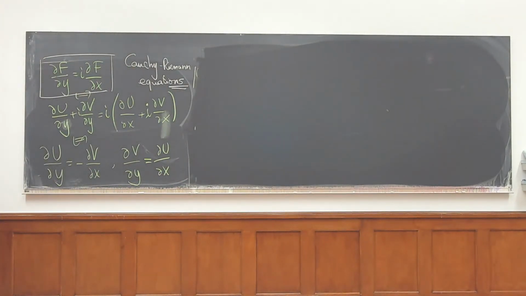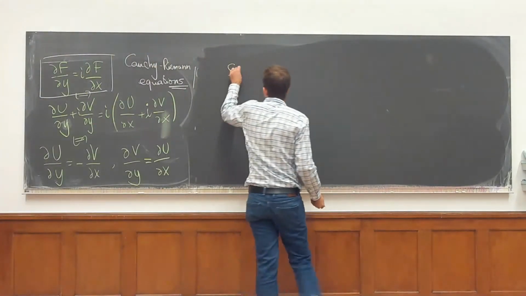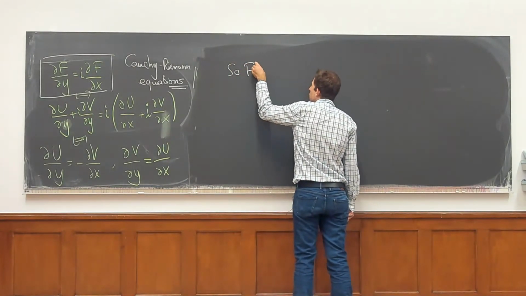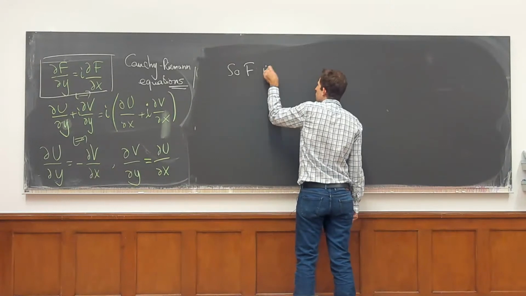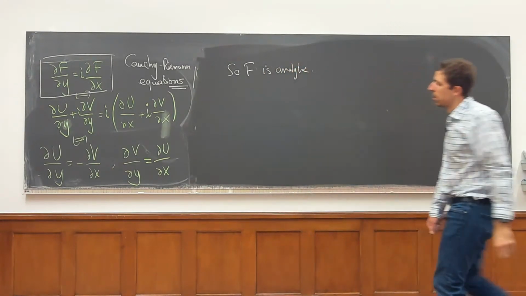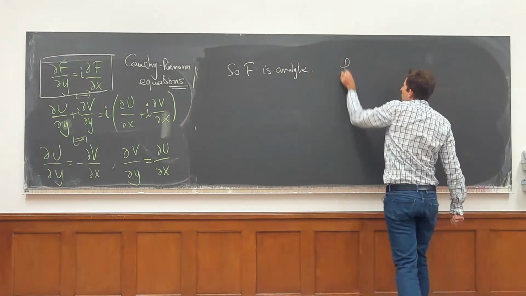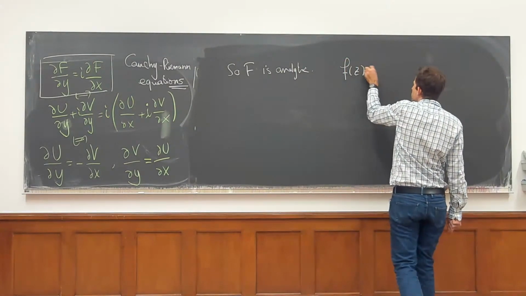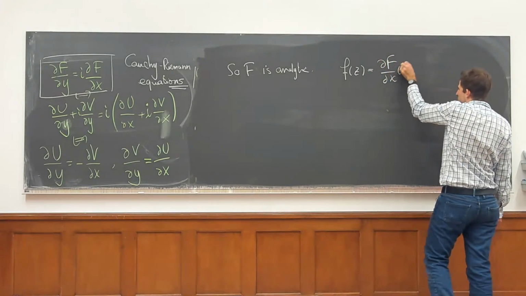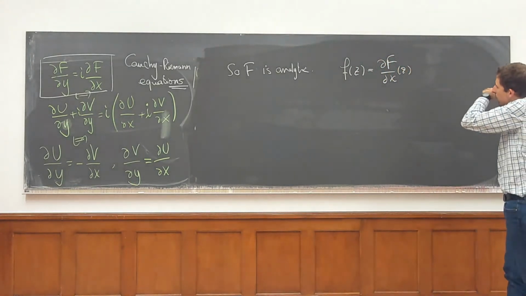Right? So the function f, and in particular, f of z is equal to the partial of f with respect to x at z.